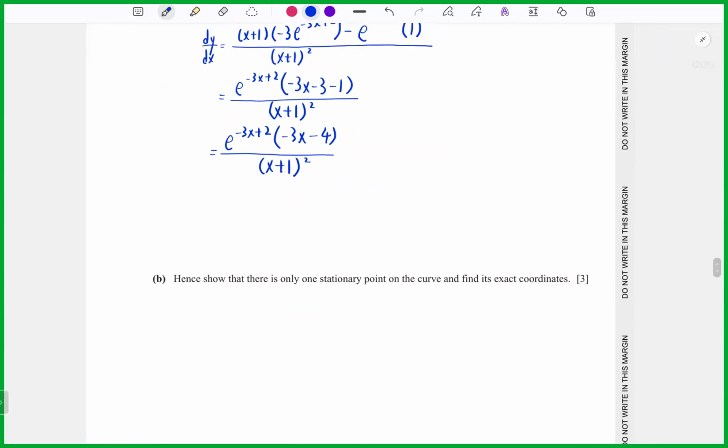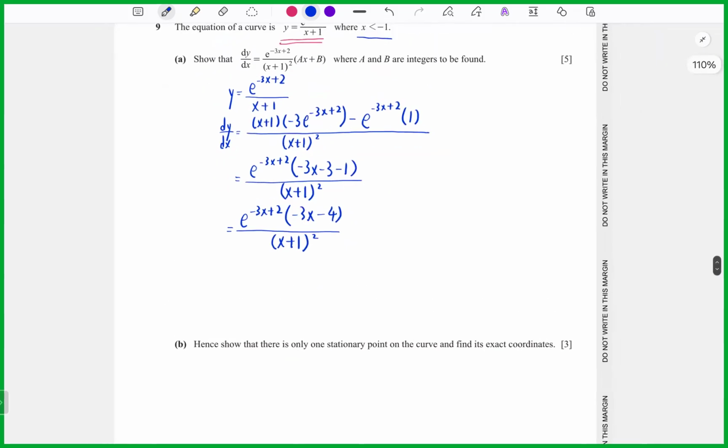Now we look at here. You see, this is the exponent, right? So what can we know? That it cannot equal 0, because y equals to an exponent, and an exponent is always more than 0.